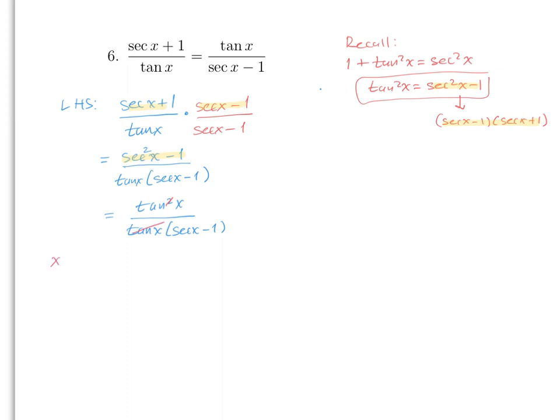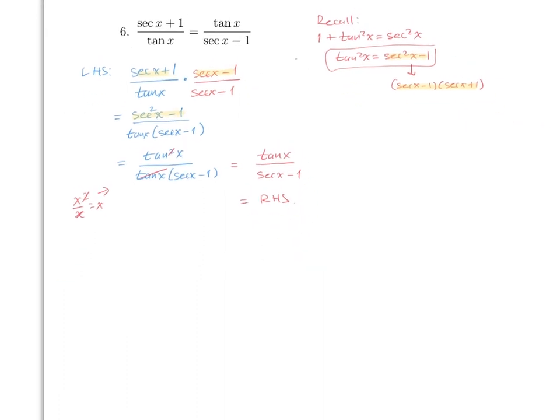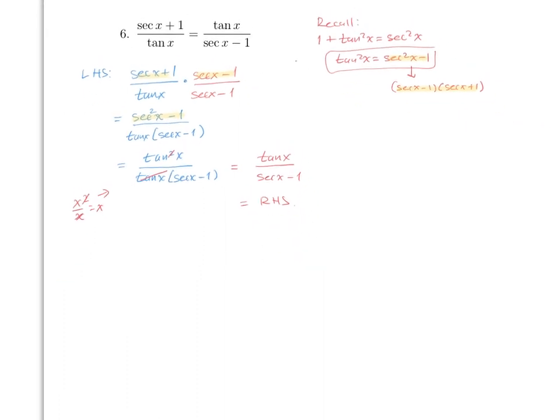Why? Because you have x squared over x, which gives you just x. So this is equal to tangent x on the top, and on the bottom just secant x minus 1, which is exactly the right-hand side. And that's it. In this problem, you can also start on the right-hand side, and it should give you the left side, so you should give it a try.